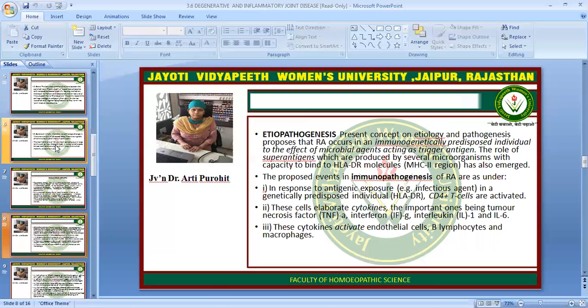The proposed event in immune pathogenesis of RA is that in response to antigen exposure in a genetically predisposed individual, HLA-DR CD4 plus T cells are activated. These cells elaborate cytokines, important ones being tumor necrosis factor, interferon, and interleukins 1 and 6. These cytokines activate endothelial cells, B lymphocytes, and macrophages.